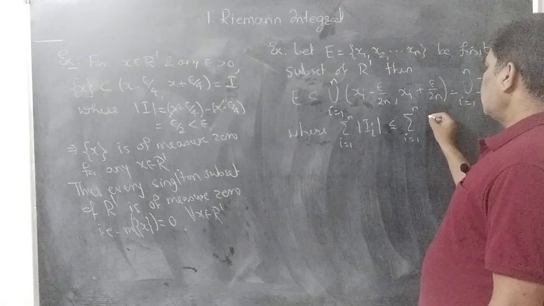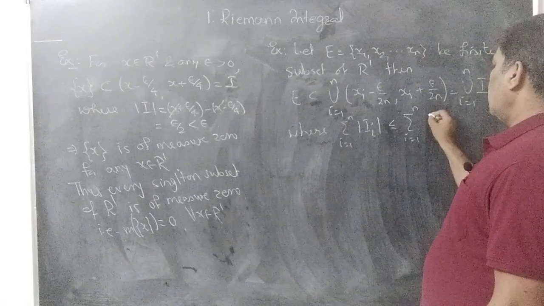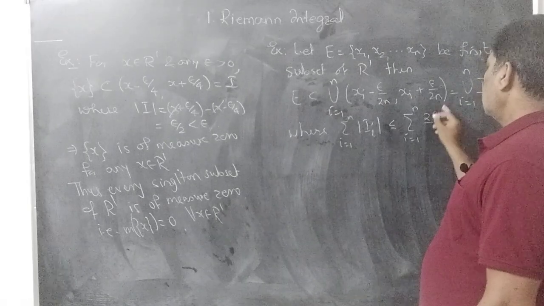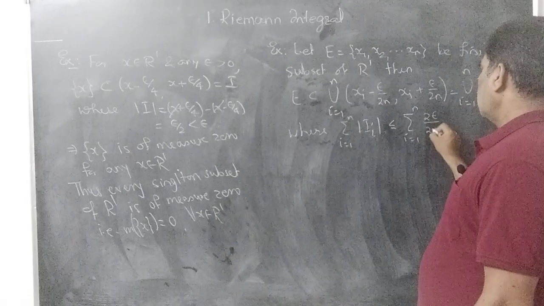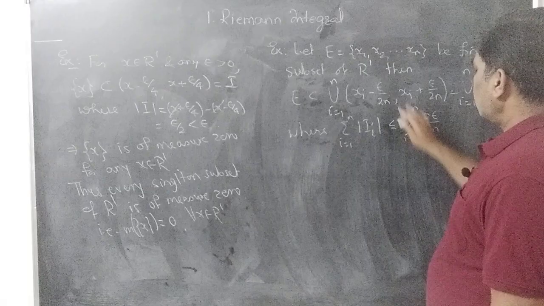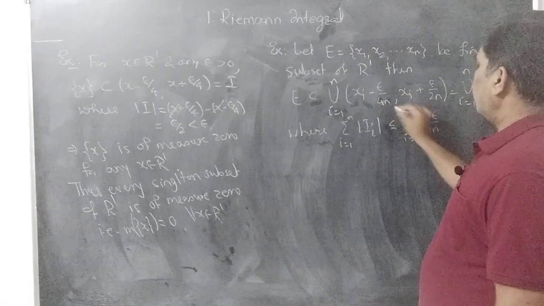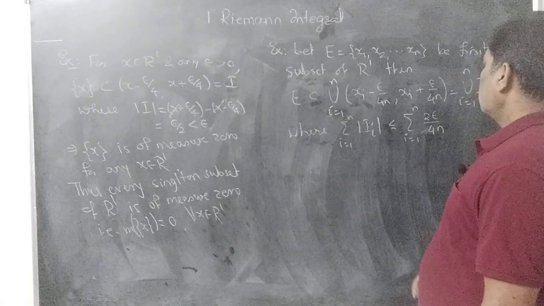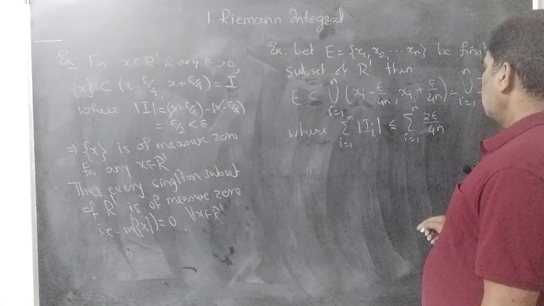So we will get 2 epsilon upon 2n. Instead of that we will take 4n here. Is it clear?